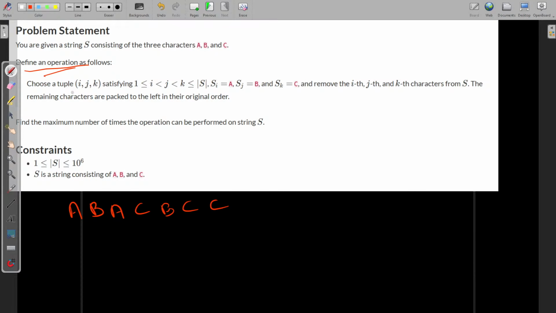So we have to select 3 distinct indices. Why distinct? Because i is less than j is less than k. So that means 3 distinct integers. So select any 3 distinct integers such that the first of those indices contains A, second contains B, and third contains C. So let's try to do that particular operation.